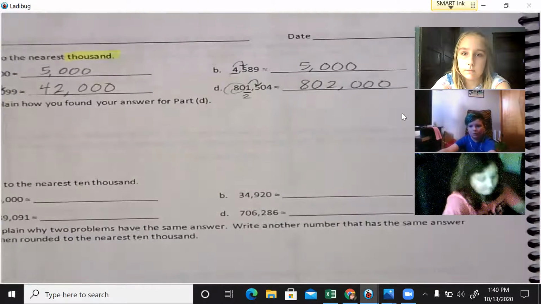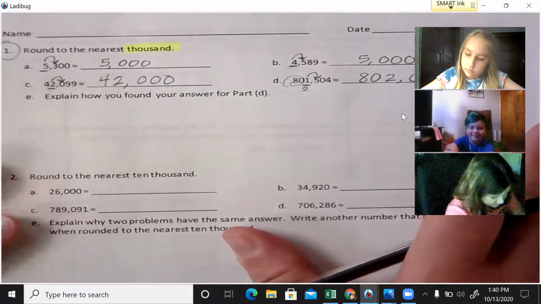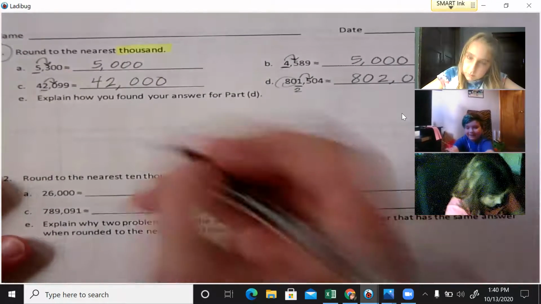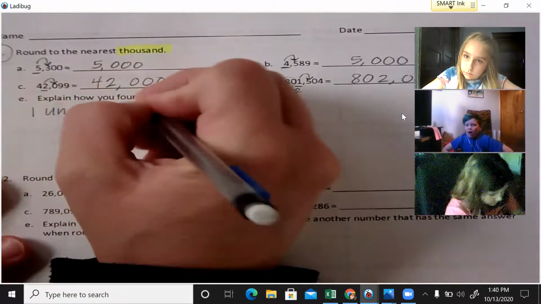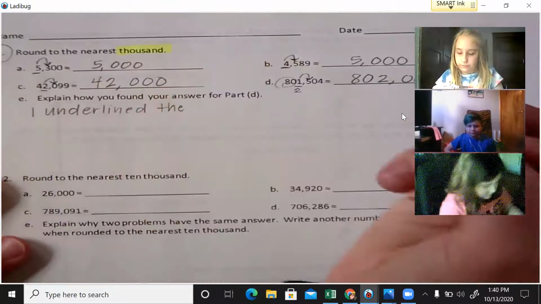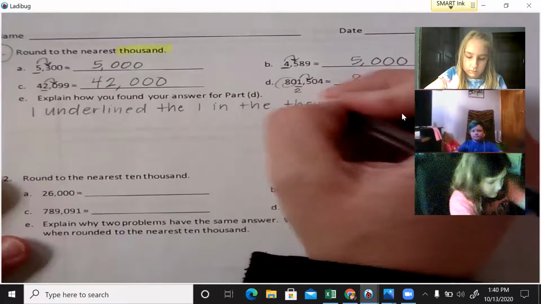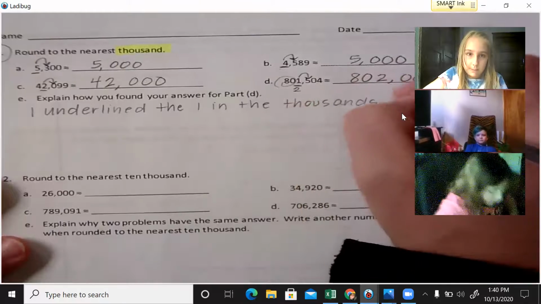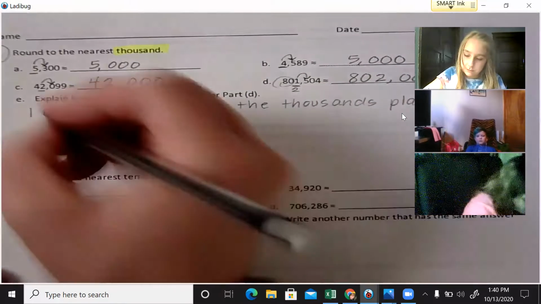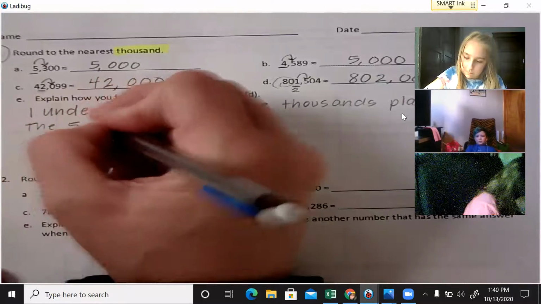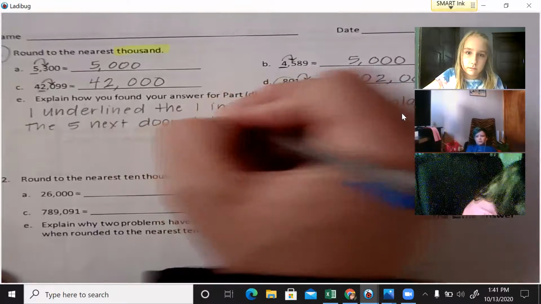So now we have to put into words what we did. So we're going to write exactly what we did for our explanation. I underlined the 1 in the thousands place. The 5 next door tells me to round up.